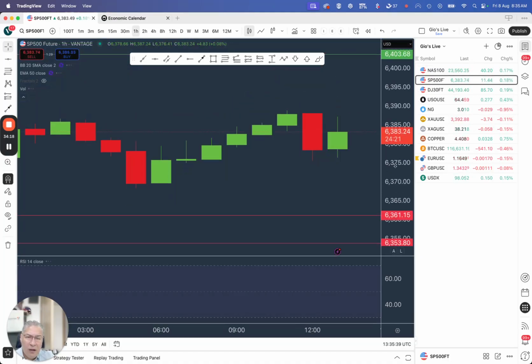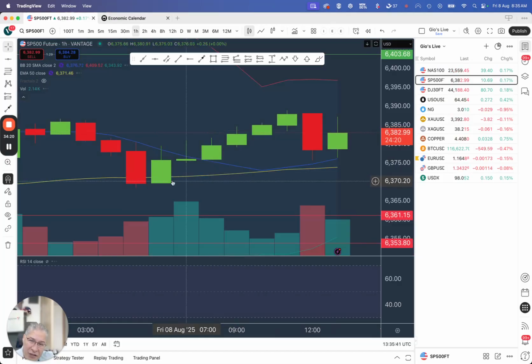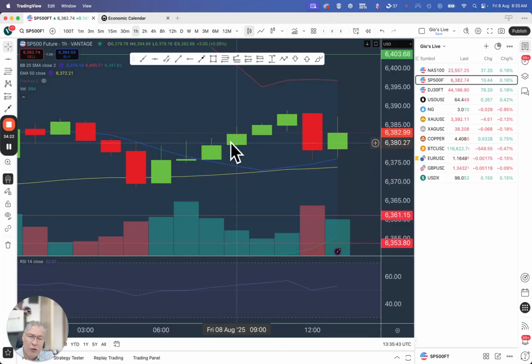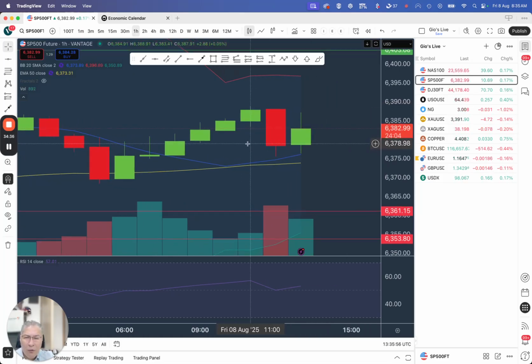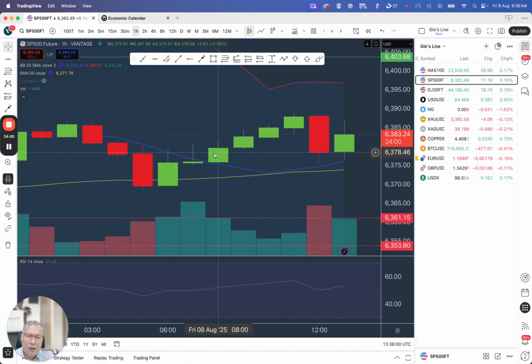On the hourly, we understand that previous to the US session open, the market was in an uptrend. It did a pullback or correction, right? Profit taking. This is basically profit taking. Boom. It took out almost 4 previous candles. Okay, it took out 3 anyhow.